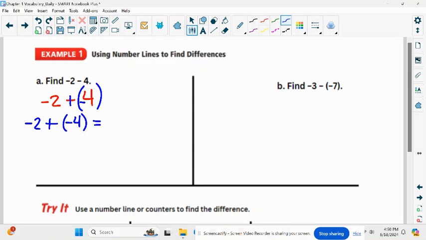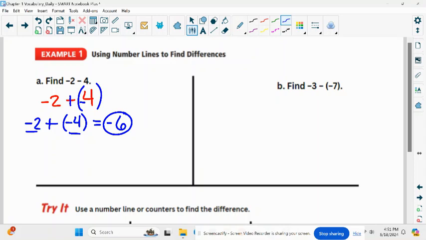And then we can follow the rules of adding integers. Because they're the same signs, we have a negative and a negative, if they're the same, we add. So I'm going to add 2 plus 4 is 6, keep my sign, my answer is negative 6.